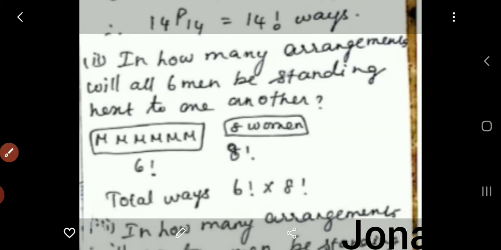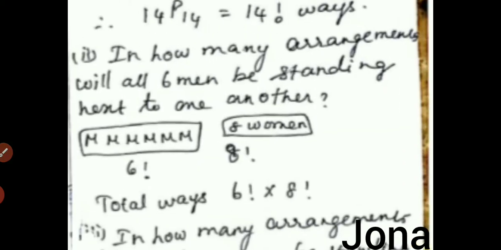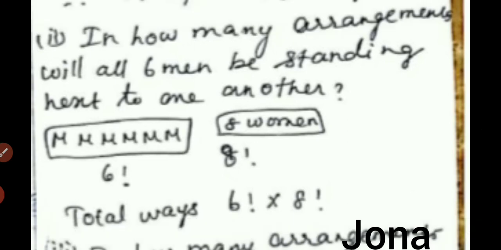Second one, in how many arrangements will all 6 men be standing next to one another? Here it's given 6 men are there. The men are arranged together. So we can say the men are in one block like this.